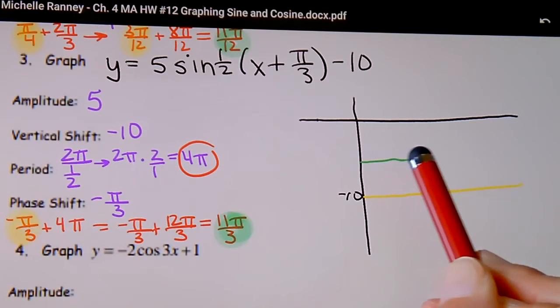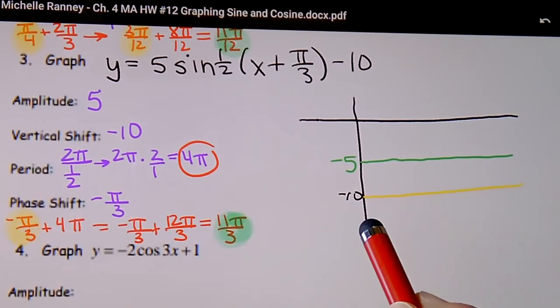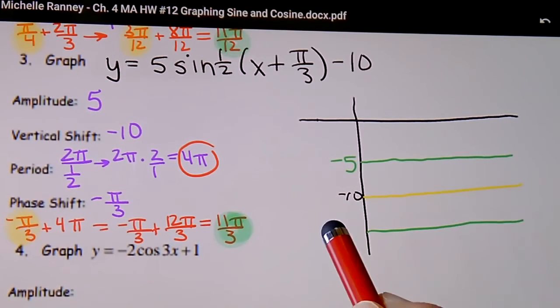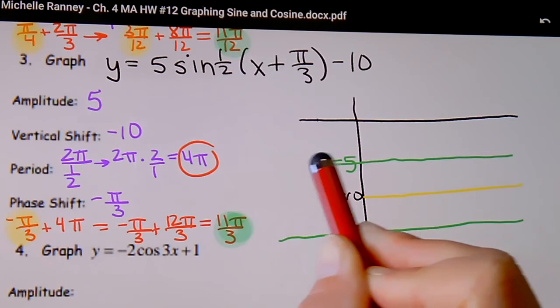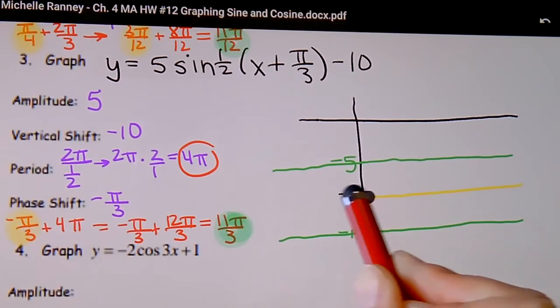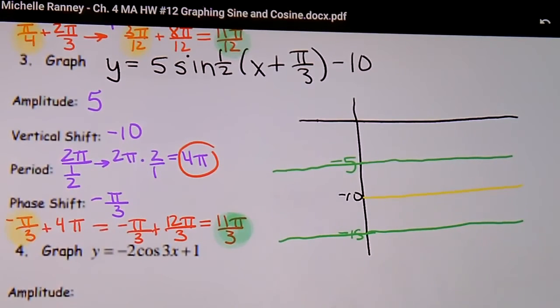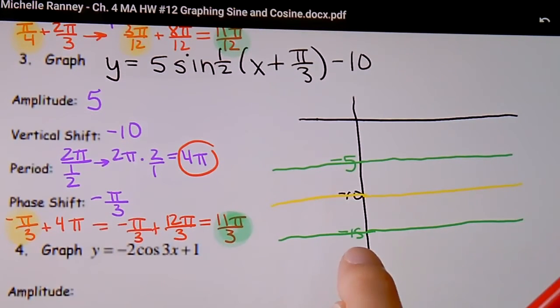So that means I'm going to be at negative 5, and I'm going to go 5 below. So that means I'm going to be at negative 15. And actually, I need to really extend these out this way too. Let me rewrite those numbers. Okay, well, I guess you can see it. So negative 5, negative 10, negative 15.